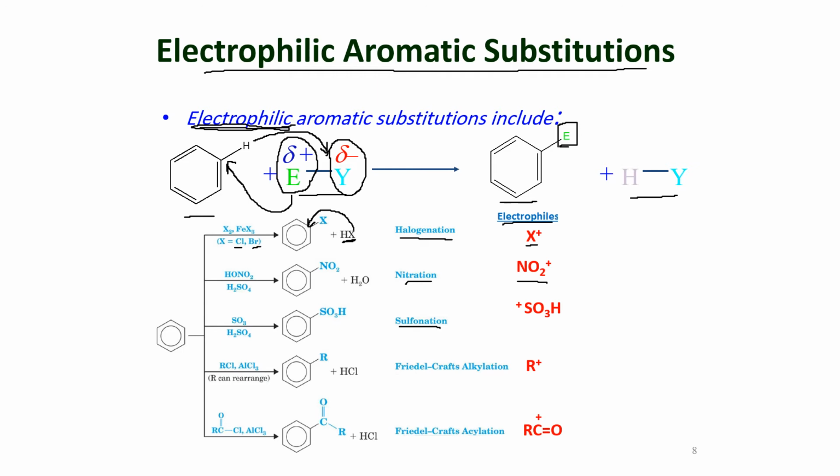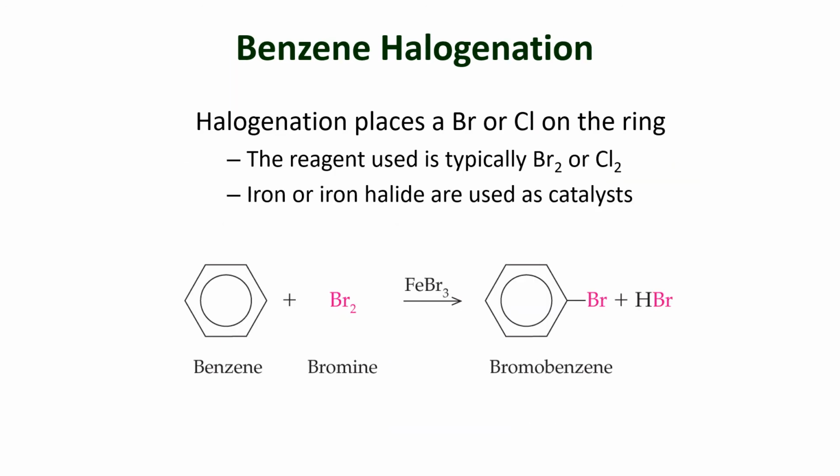Then we have the Friedel-Crafts alkylation, in which R positive is the electrophile, and another type of electrophile is RC double bonded to oxygen, again in a Friedel-Crafts reaction, but this is acylation. Let's look at these substitution reactions one by one.